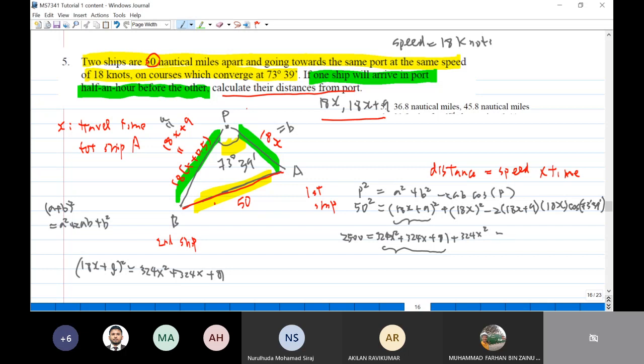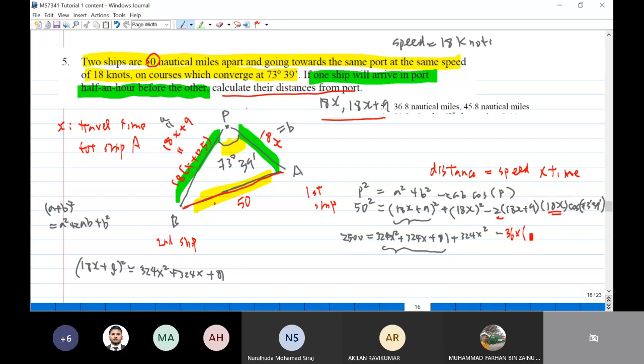Then the next one is a very messy one. How to multiply this one? You can multiply 18x times 2 first, so 36x, right? Then you get 36x here.